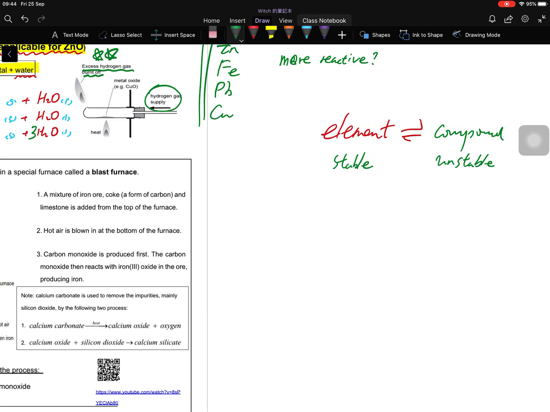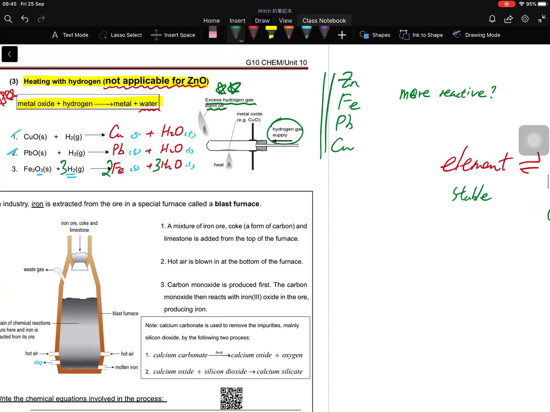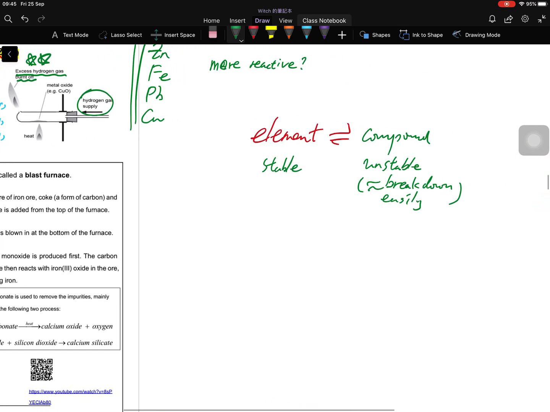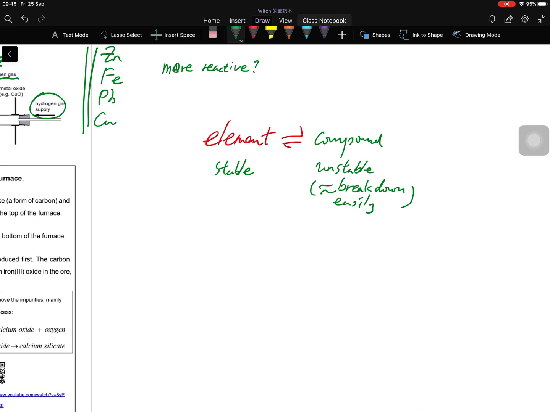Unstable means they will break down easily. That means unstable. So let's see. For the copper, lead, and iron, they will break down easily. That means their compounds are unstable, right?